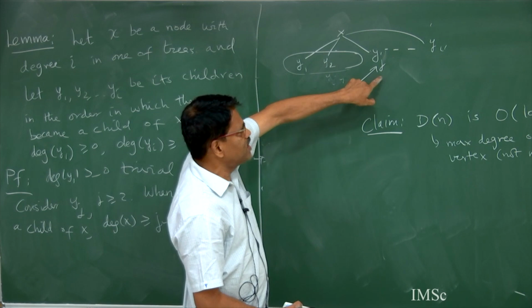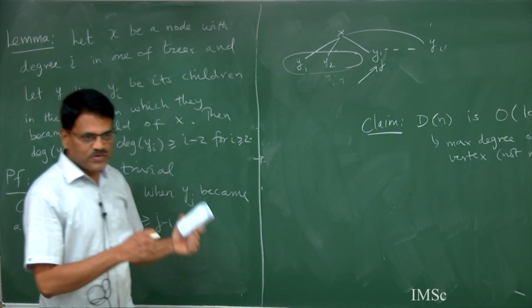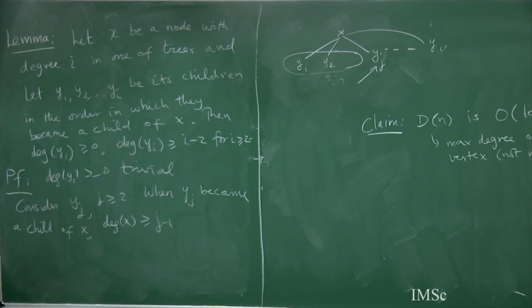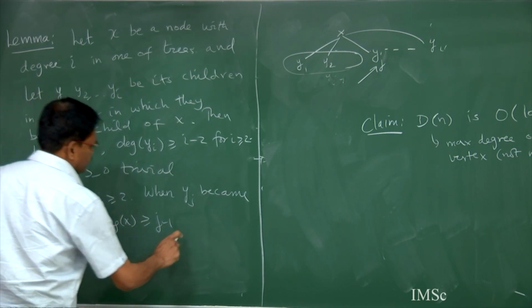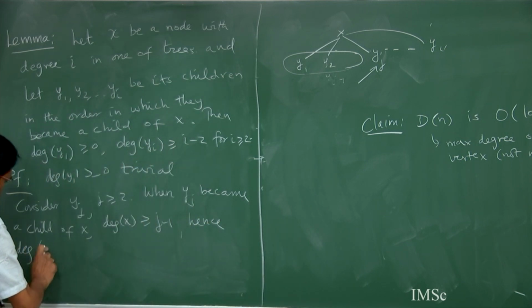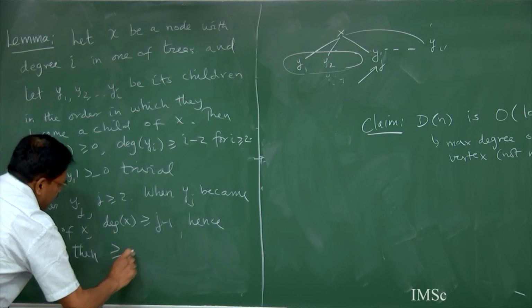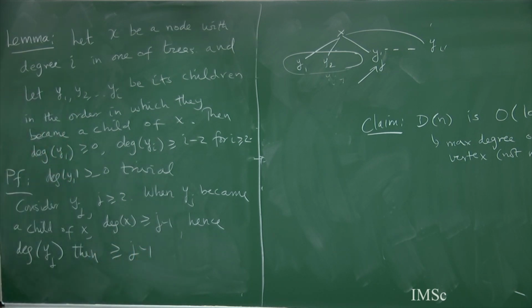So, that means degree of yj would also be at least j minus 1, because only when the degrees are the same would you have made one guy a child of the other. Degree of yj then would be greater than or equal to j minus 1.